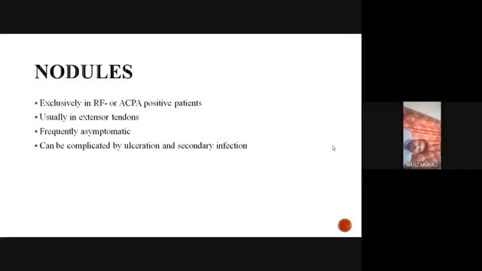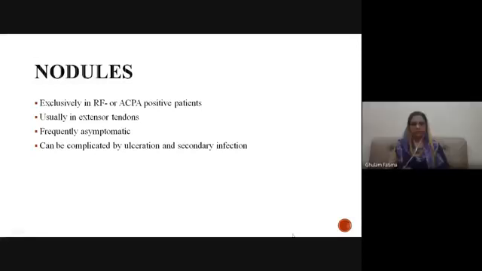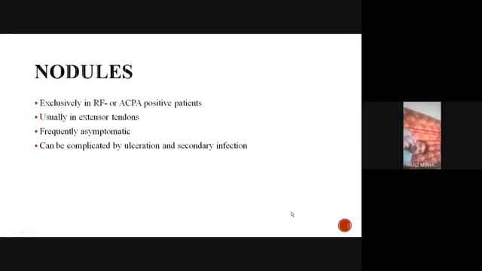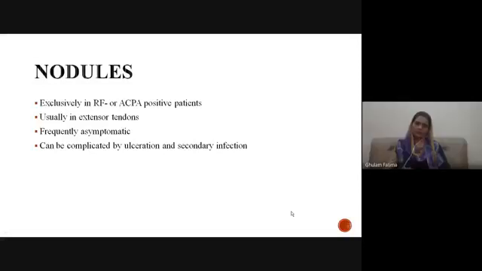Nodules occur exclusively in RF or ACPA positive patients. ACPA, which is anti-citrullinated protein antibodies, is associated with joint disruption, so ACPA positive rheumatoid arthritis is considered more severe than ACPA negative rheumatoid arthritis. Nodules are usually on extensor tendons, frequently asymptomatic, and can be complicated by ulceration and secondary infection.